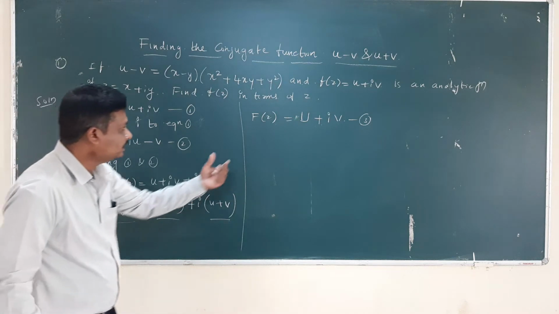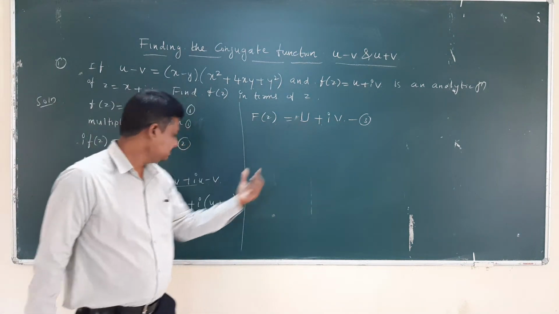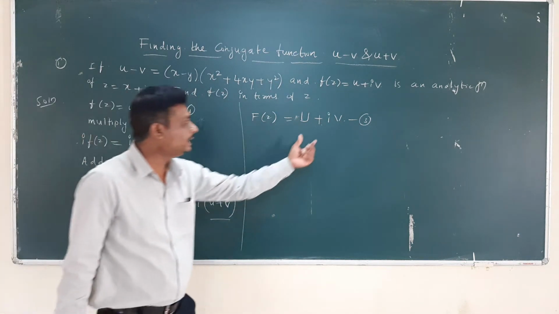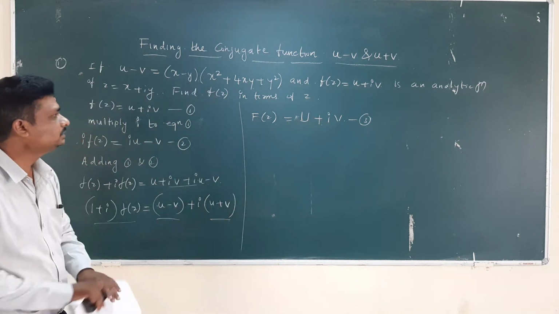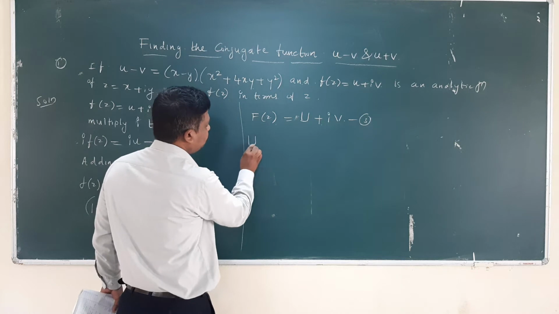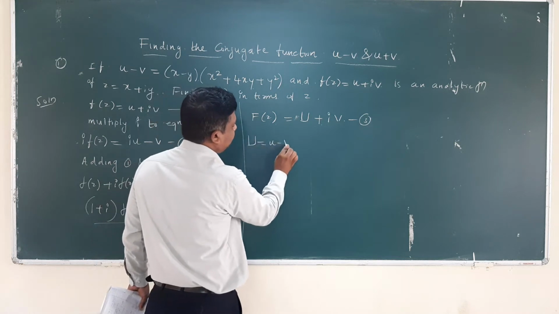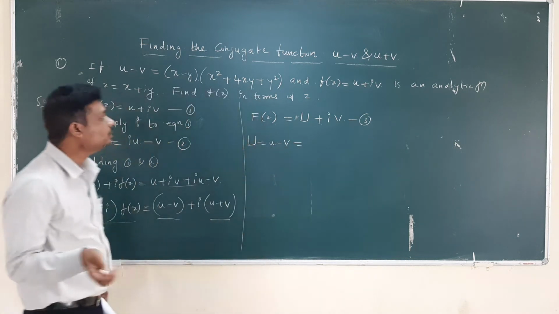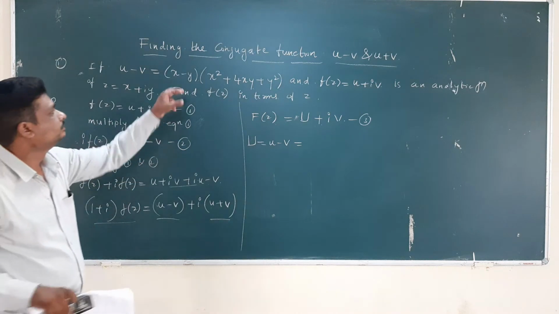So here this capital U is given, that is u minus v, and you have to find capital V, that is u plus v. So here capital U is equal to u minus v, which I will simplify.